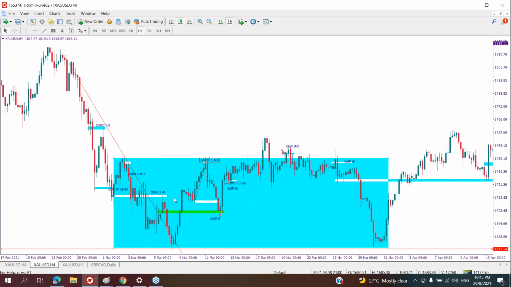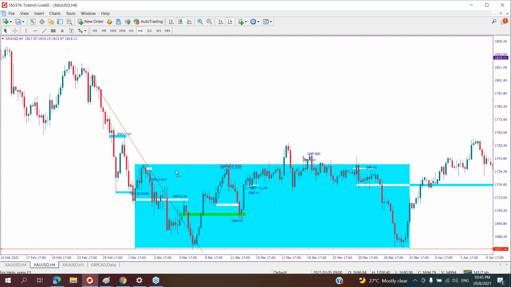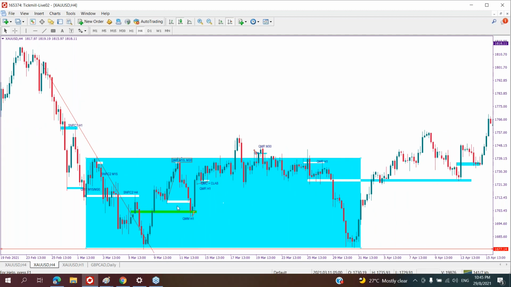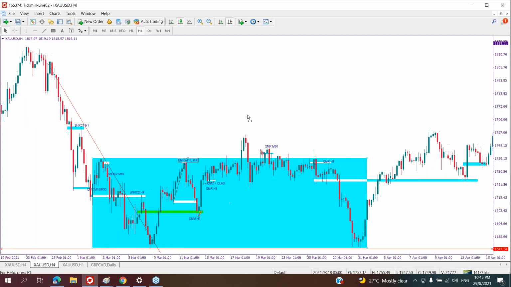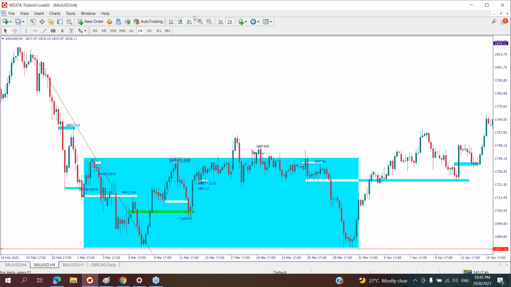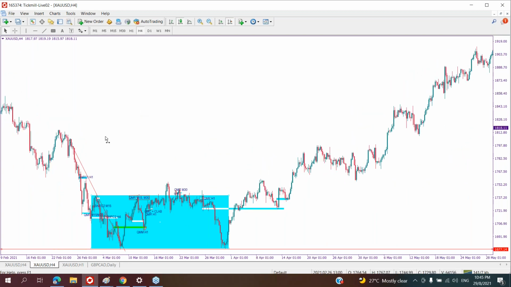Okay, and then suddenly price makes a little bit of setups, and then price keeps on playing in this range. Price didn't break the previous low. So this is how I determine the sideways.